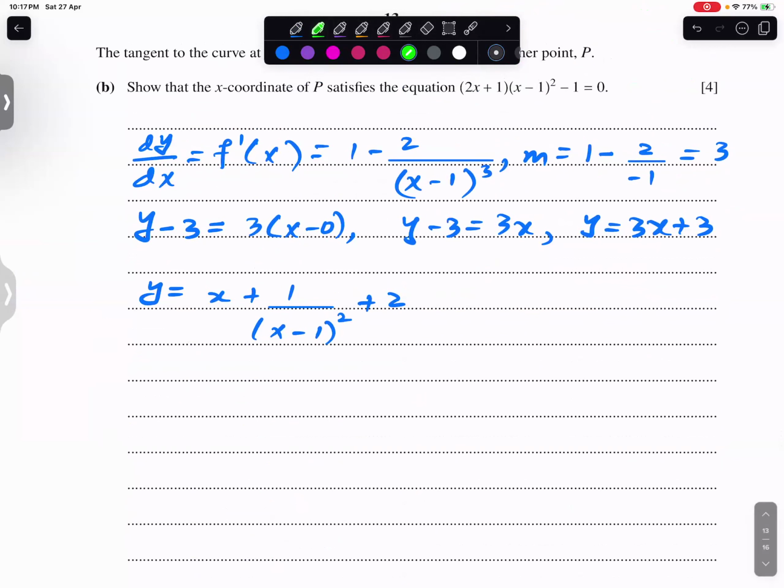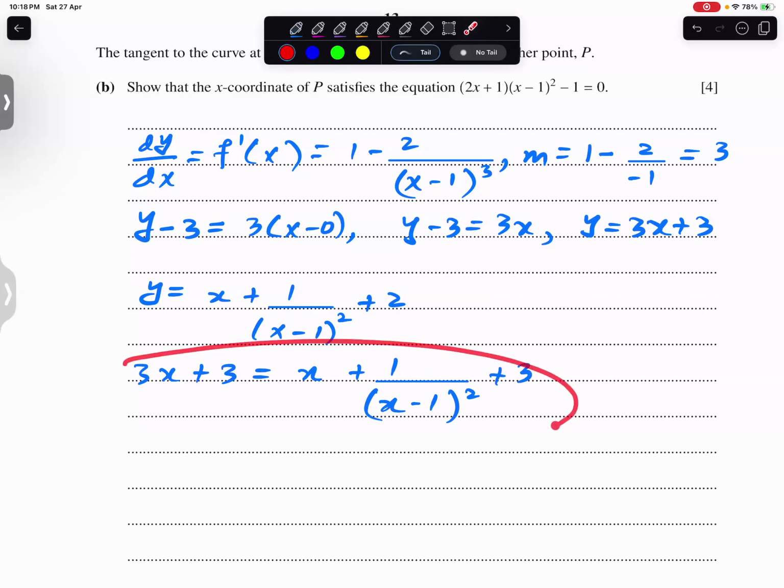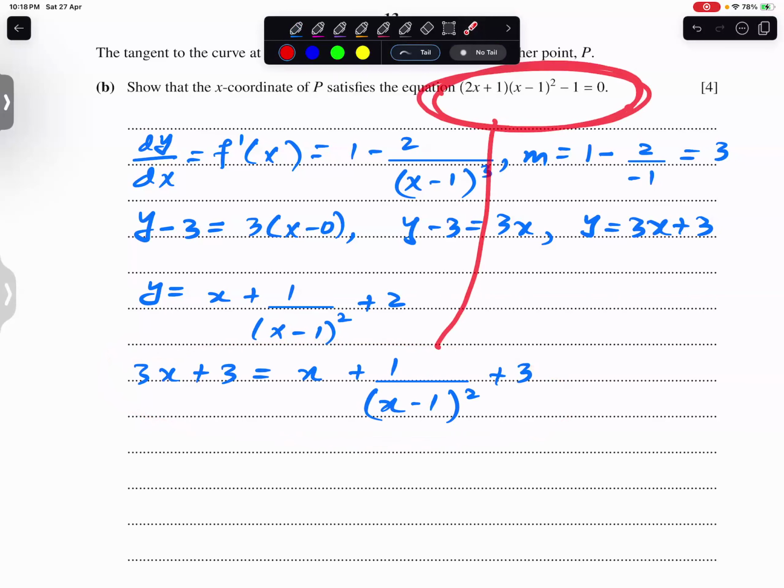So what will you do, you equate this line with the curve. 3x+3 is equal to, tell me if there is any mistake, x-1 whole square plus 3. Now students, we cannot find x from this, that's why they are asking the specific form. So now we need to convert this into that form.